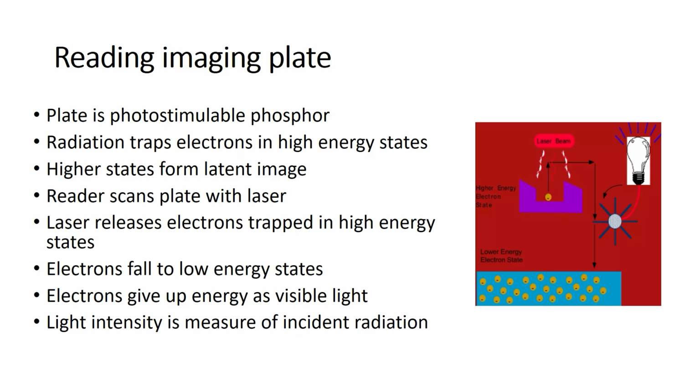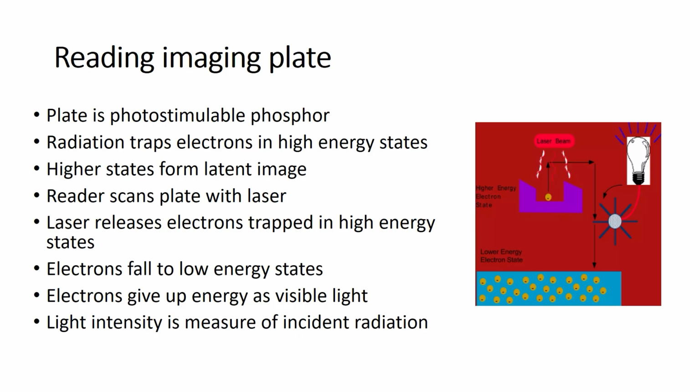Then the reader scans the plate with the laser. The laser releases electrons trapped in a high energy state. Afterward, the electrons fall to the low energy state when they interact with the laser.